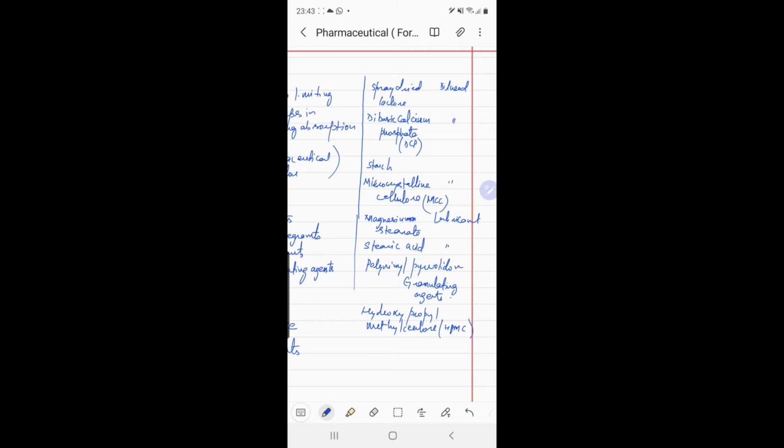Similarly, cellulose acetate phthalate. This is mainly used as an enteric coating.